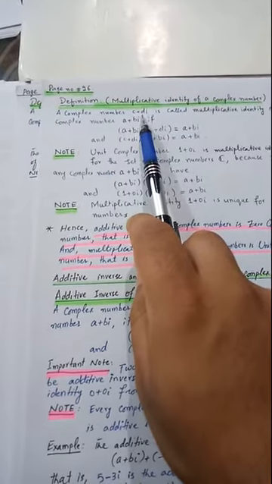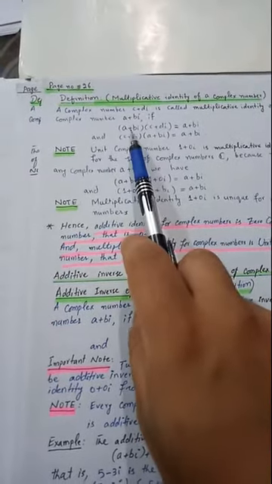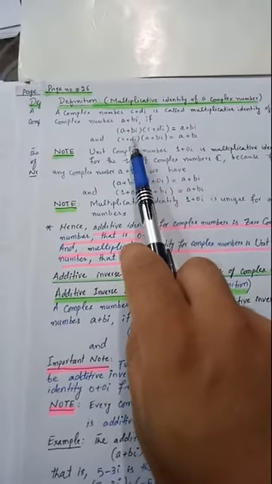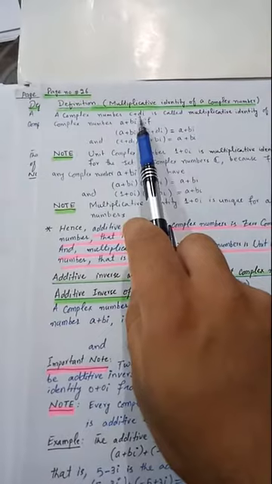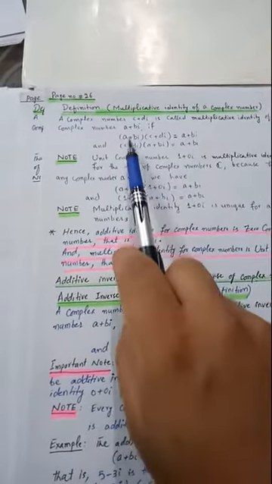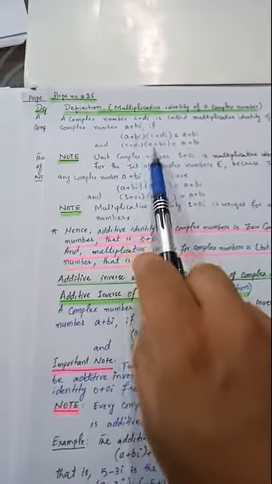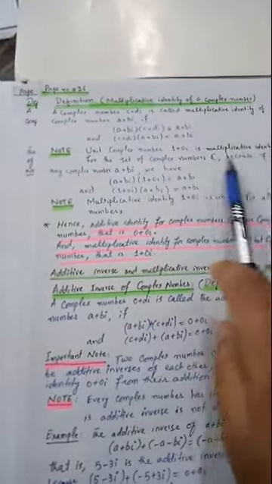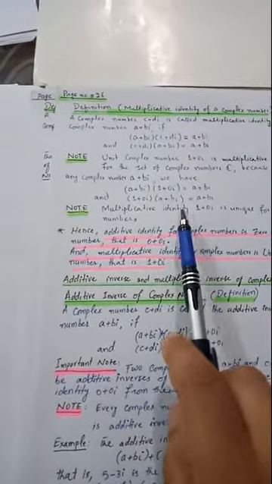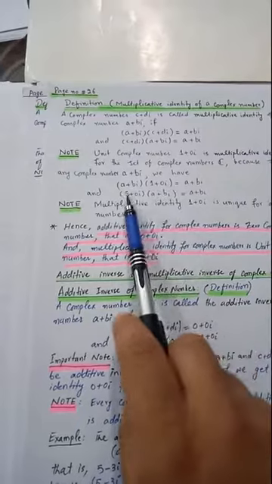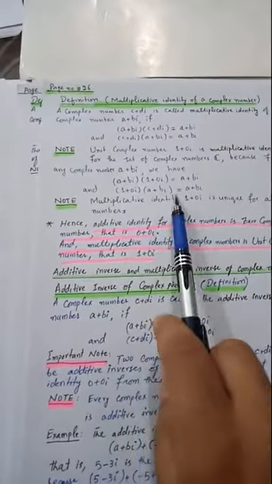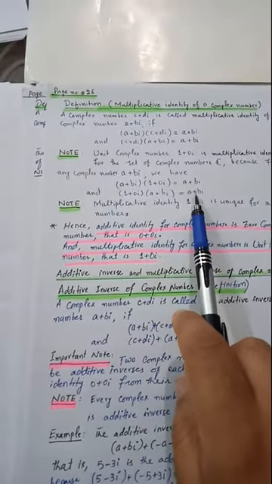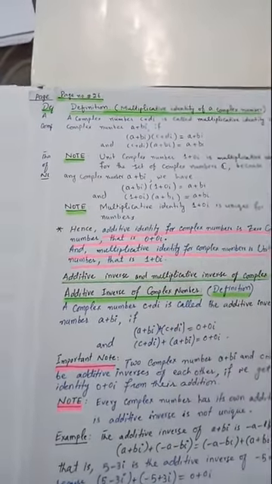So if you multiply this multiplicative identity to a complex number from right or from left, you will get again that complex number. Mean multiplicative identity doesn't change that given complex number. So you see that in case of the complex number, the multiplicative identity is 1 plus 0 iota, because when you multiply 1 plus 0 iota from the left or from the right to a complex number a plus b iota, you get that complex number. You can verify this very easily.